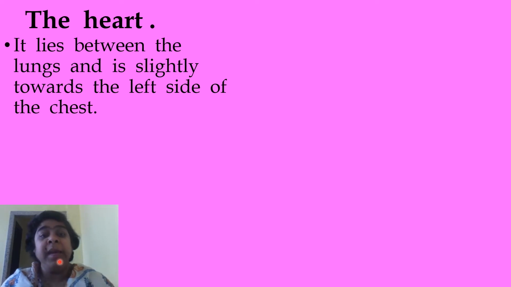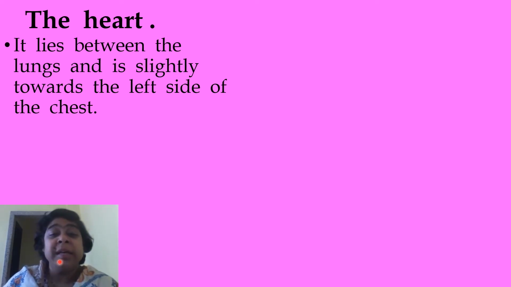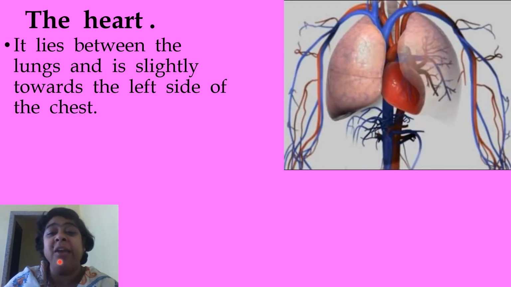Then the heart lies between the lungs and it is slightly towards the left side of the chest. Now these are our lungs in our body, in our rib cage. The heart is protected by the rib cage over here, and can you see, this is the heart between the lungs.